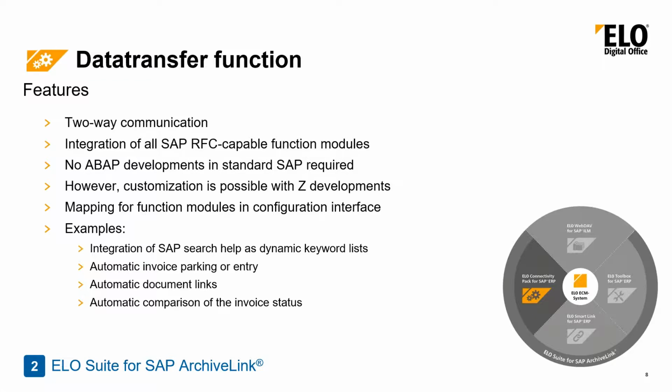And what we also have is creating automatic document links, which means that whenever we have a document in ELO that should be linked to SAP, for example, to later use Toolbox functionality to directly jump into it, which I will show you later as an example, we can do this also via the data transfer function.